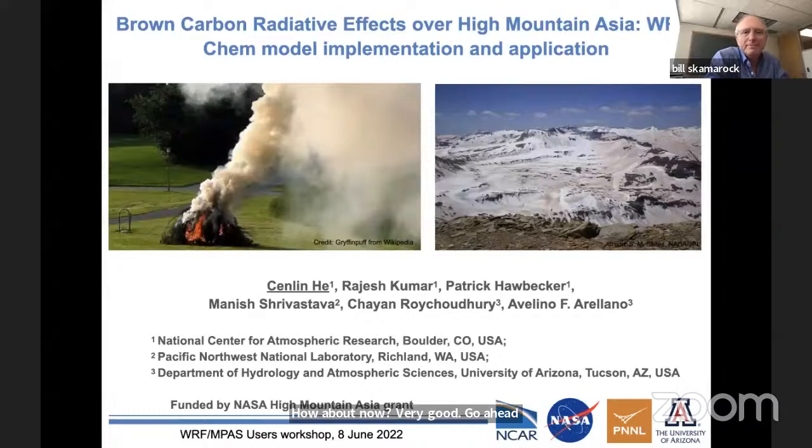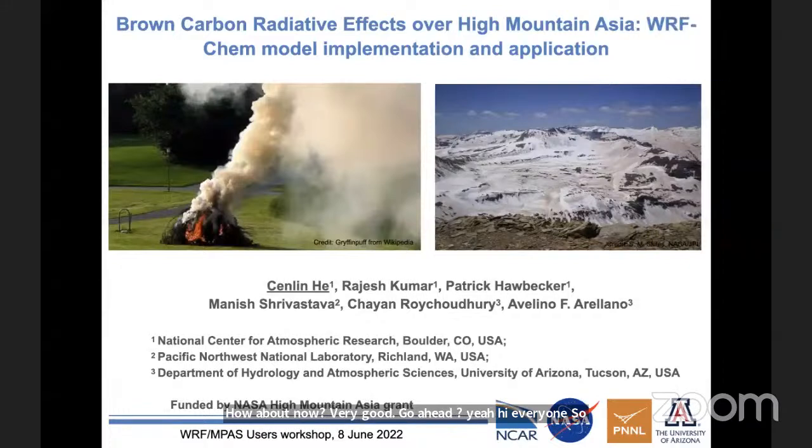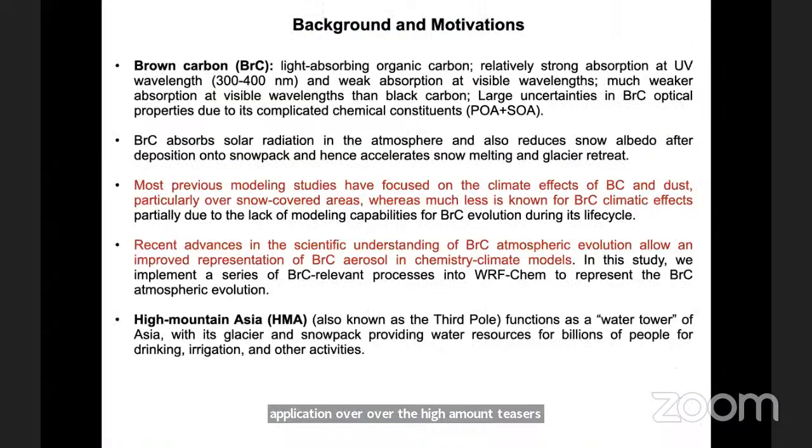Okay. Hi everyone. Today I'm going to talk briefly about our recent work on implementing a new important aerosol species called brown carbon into WRF-Chem for application over high mountain Asia. So what is brown carbon? Just a little bit of background. It is a light absorbing organic carbon which can strongly absorb sunlight at the near UV wavelengths.